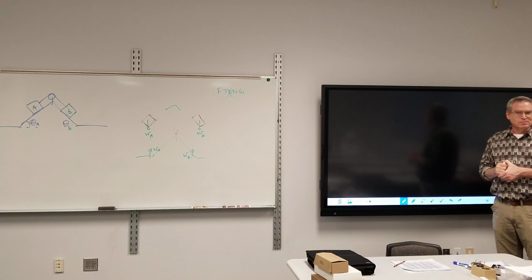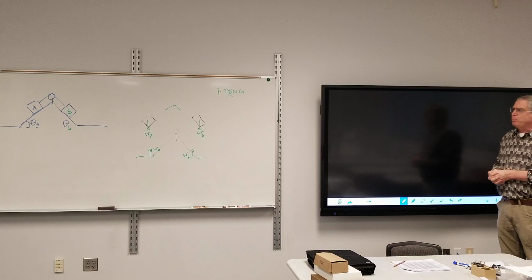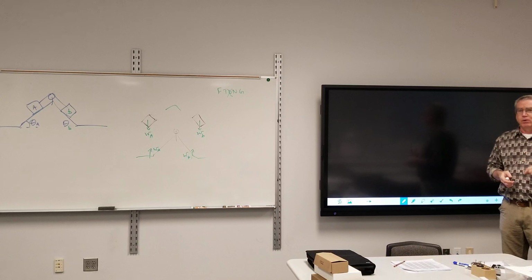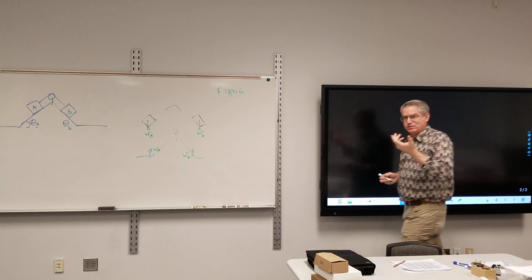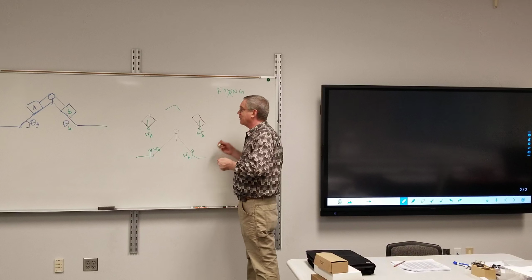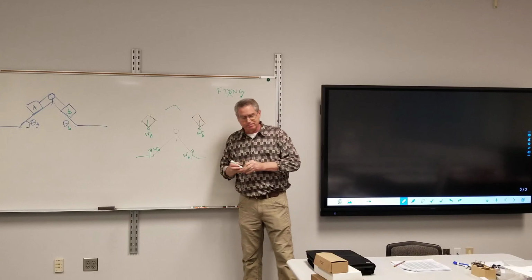Is the force of gravity pulling down on the rope too? If you put that in there, I wouldn't take off for it, I would just ignore it. It's an ideal rope, so no, it would not. In reality, yes. Do you want me to put it on there? It's okay. So we're done with that.